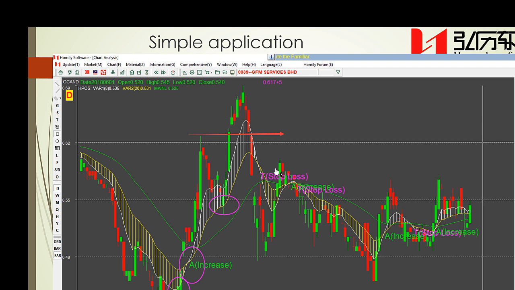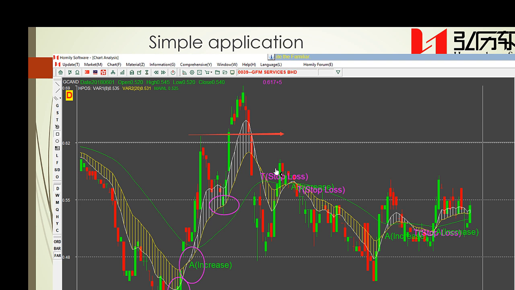Just keep the shares until things come to the opposite side. So here we can see the price quickly moves up, right?